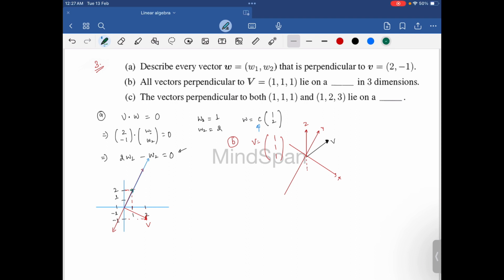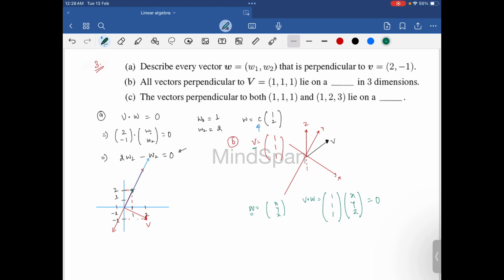We can simply say that suppose any vector w is (x, y, z). If this vector is perpendicular to this vector v, then their dot product will be 0, right? So we take the dot product, v dot w, with v as (1, 1, 1) and w as (x, y, z).